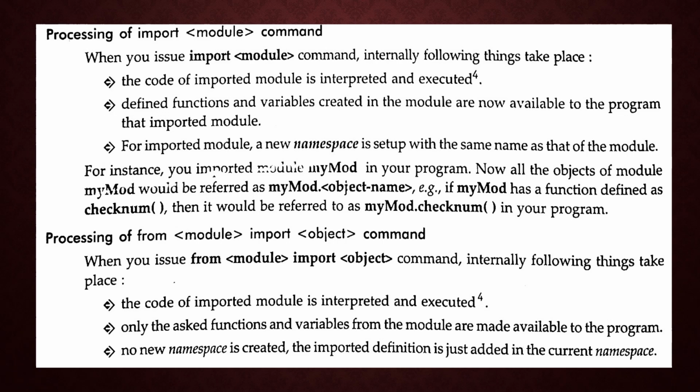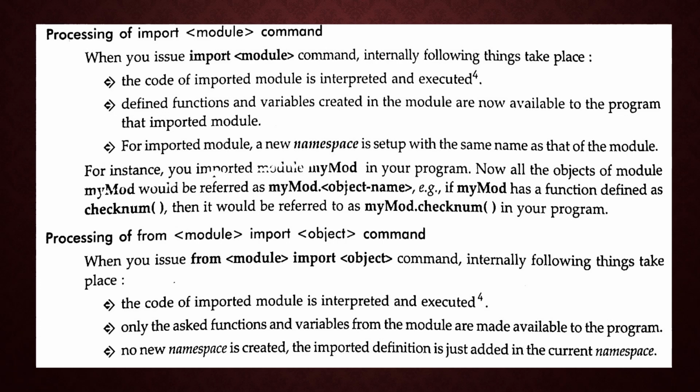Second one is processing of the from module import object command. When you issue the from module import object command, internally the following things take place. The code of the imported module is interpreted and executed.